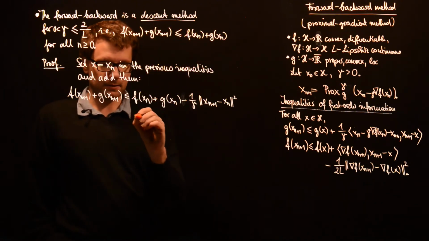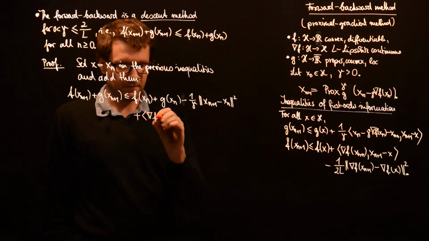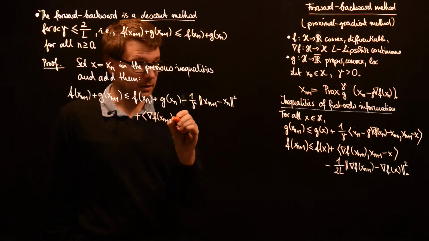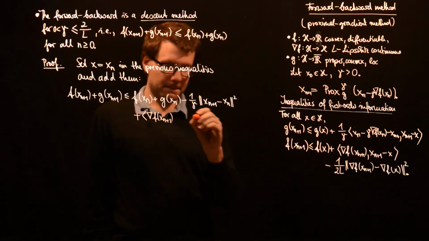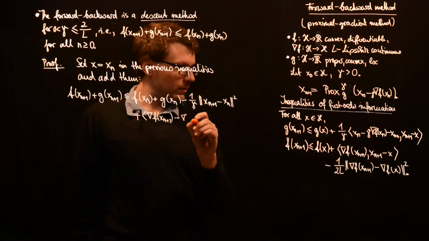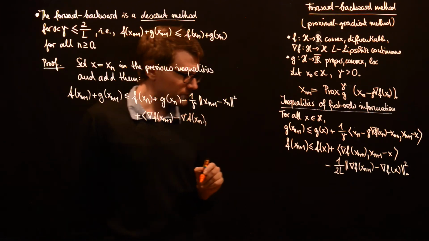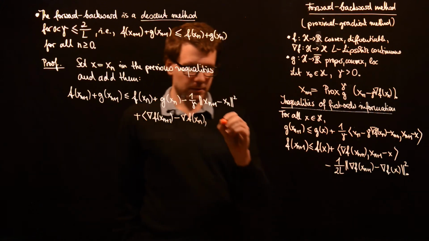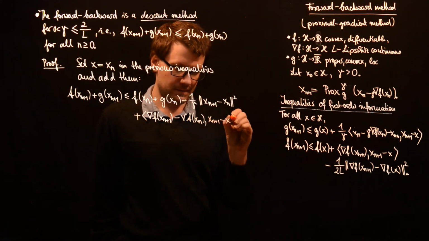So we get plus gradient of f at xn plus 1 minus gradient of f at xn in the inner product with xn plus 1 minus x.